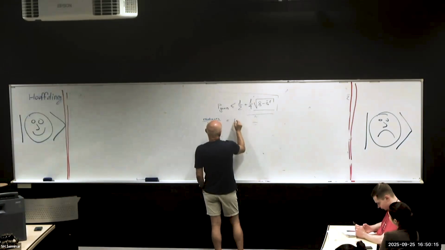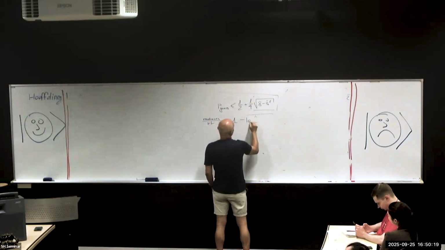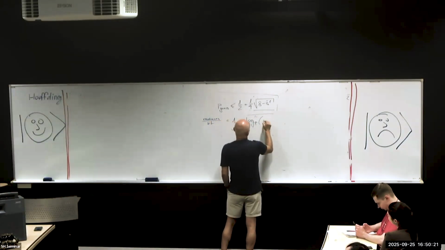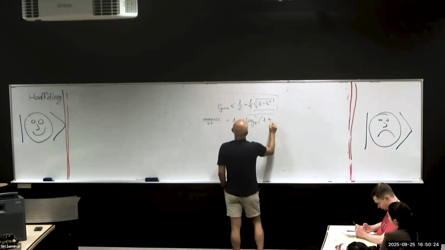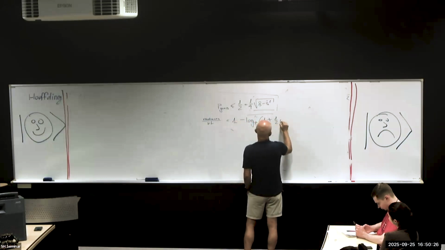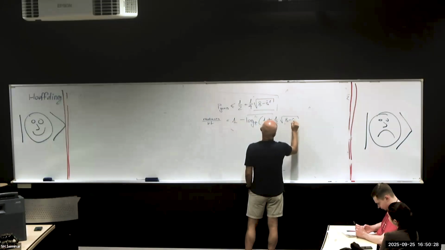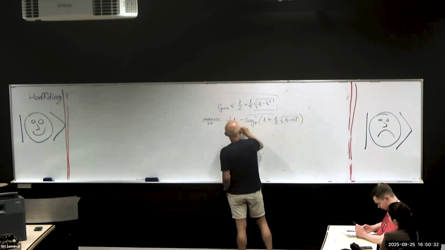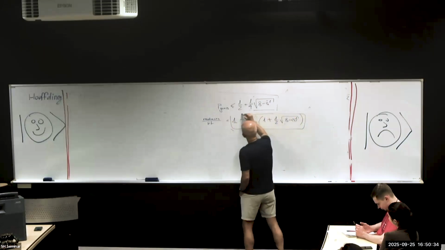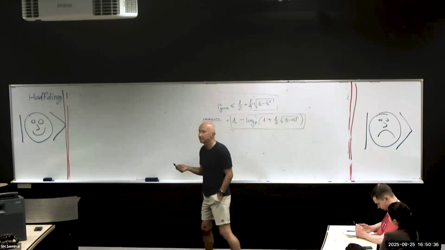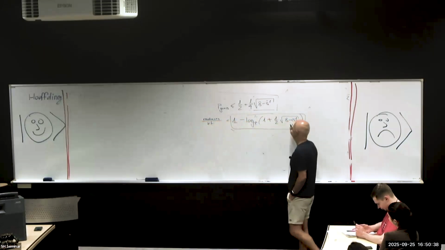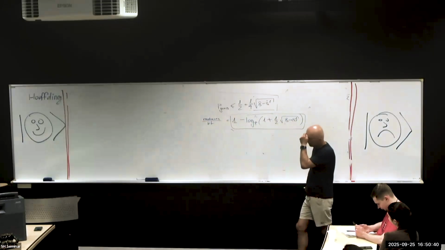So you will have 1 minus log base 2 of 1 plus 1 over 2 square root of 8 minus S squared. So this is the amount of randomness per bit if you observe a violation of this type, right?